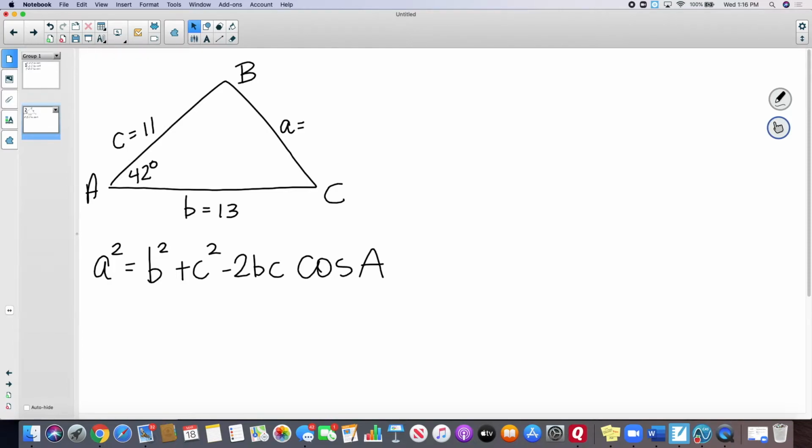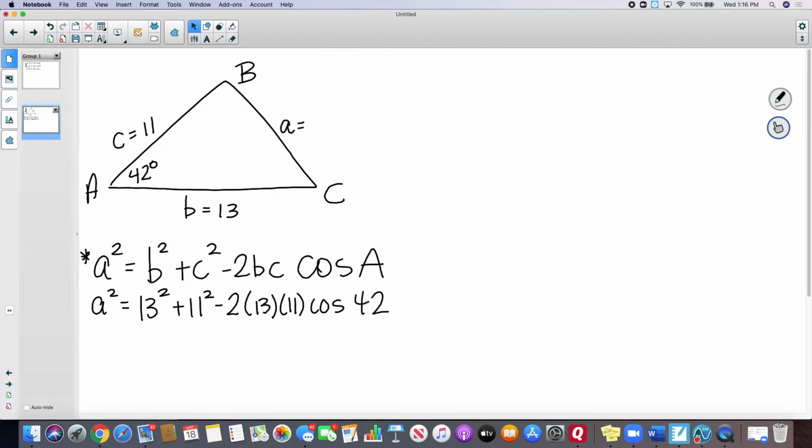And so if I use this version, I'll only have one unknown. So a squared equals 13 squared plus 11 squared minus 2 times 13 times 11 cosine 42.